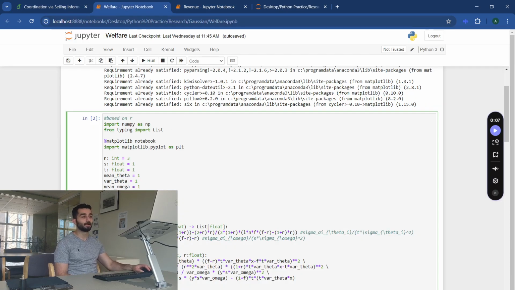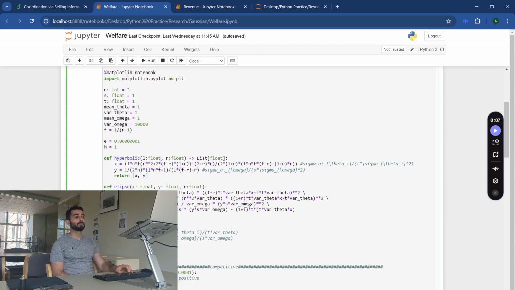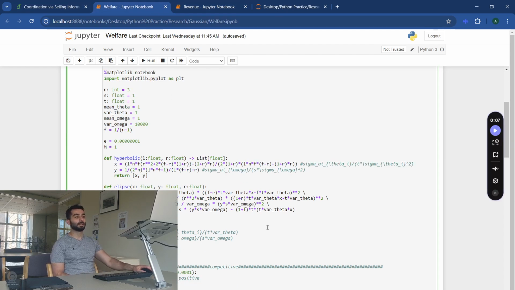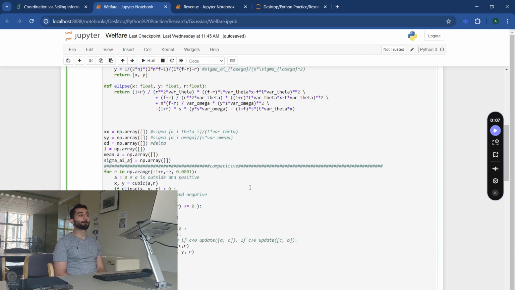Alright, even simpler. And then we have the elliptic equation, which is this. Let's check what is the relationship between this one and this one. Pretty much the same. Yes. L is lambda. Let's call it what it is.